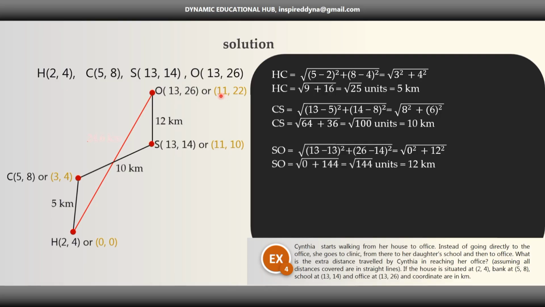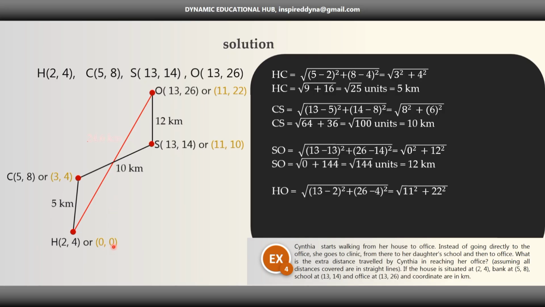But let's stick with our black coordinates. So we have HO will be square root of 13 minus 2 square plus 26 minus 4 square. What is 13 minus 2? We have 11. That's 11 square plus, what is 26 minus 4? We have 22 square. When we choose to use this golden coordinate, you see that it will be easier.